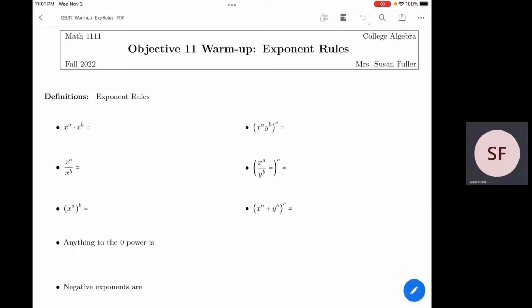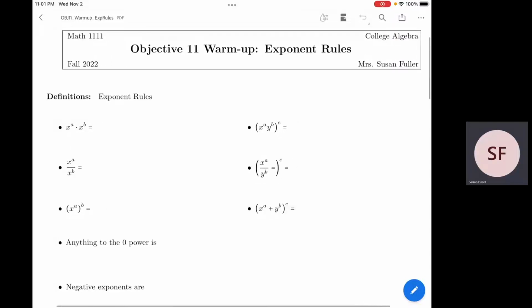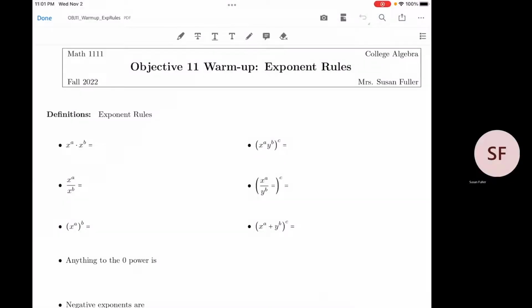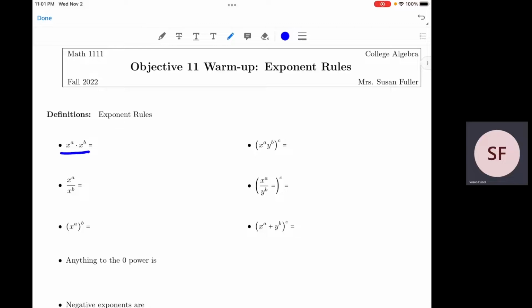So our basic exponent rules here: if you are multiplying two exponential expressions with the same base, then what you want to do is add those exponents.